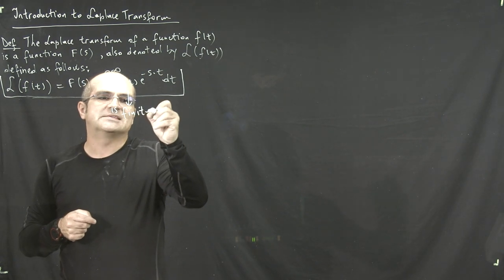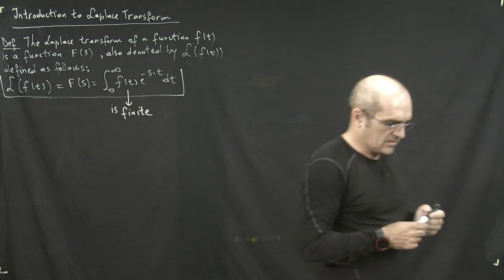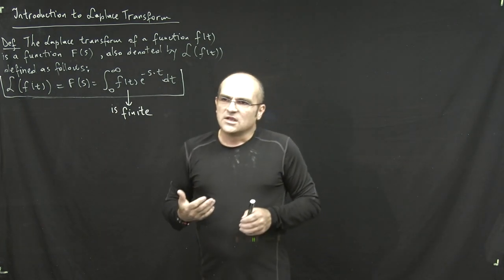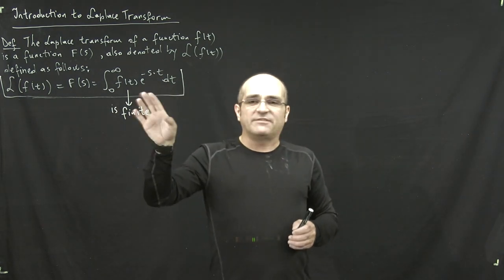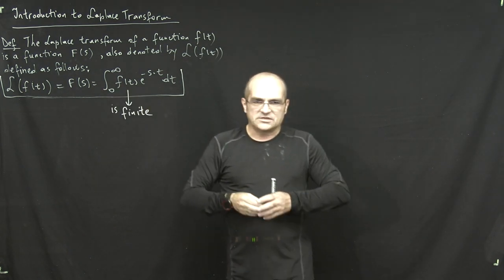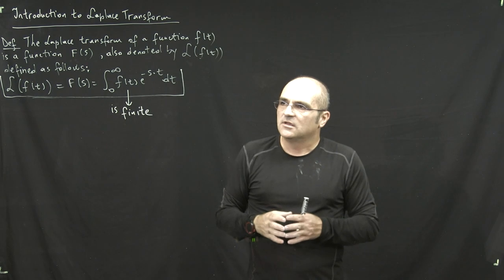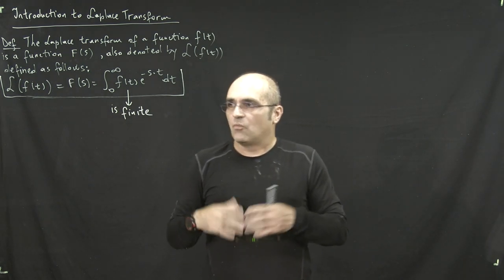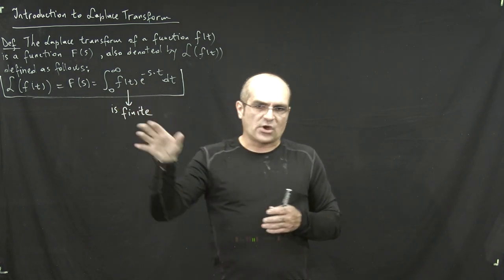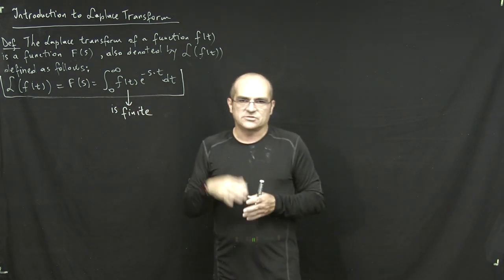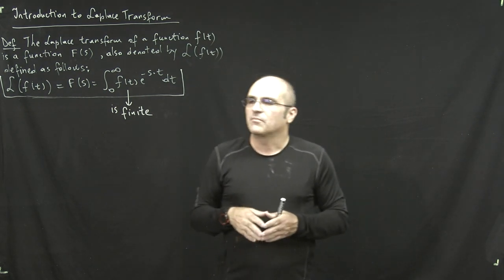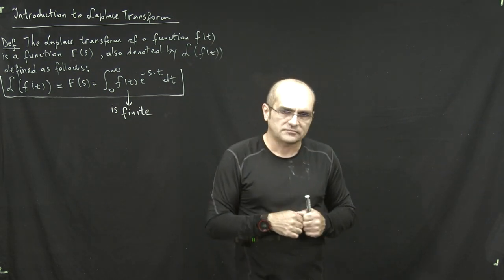So not only does it exist, but it gives you an actual finite number, not infinity or minus infinity. That means not absolutely every function will have this Laplace transform, but fortunately, most of the functions that are useful in practice do have this property. So they will follow the definition, and they will give us a finite integral.